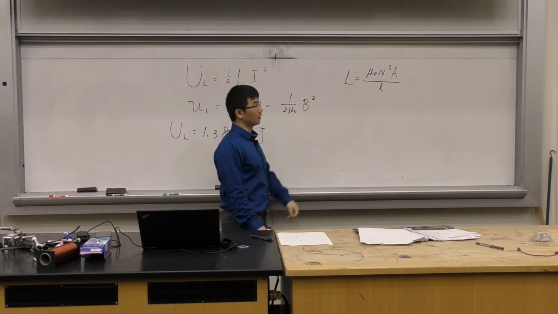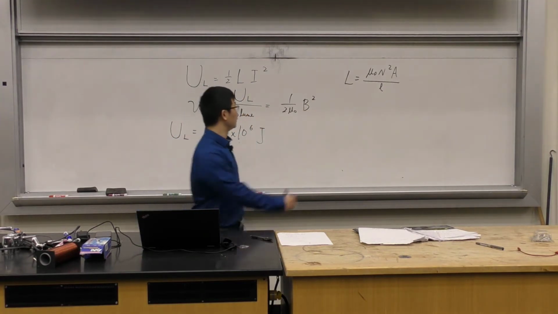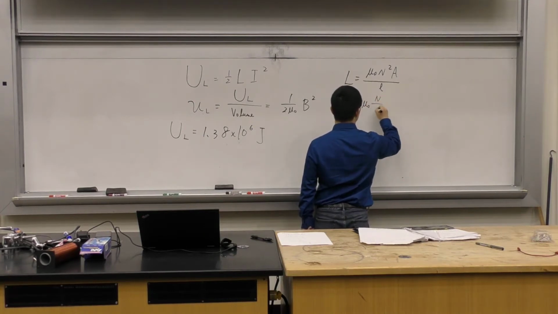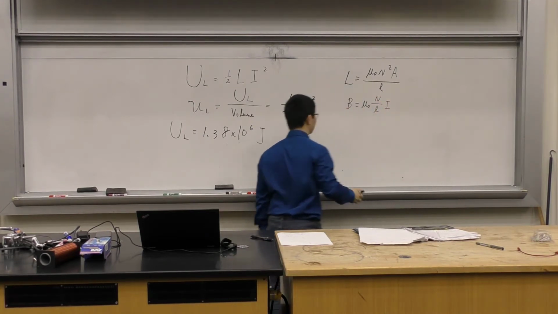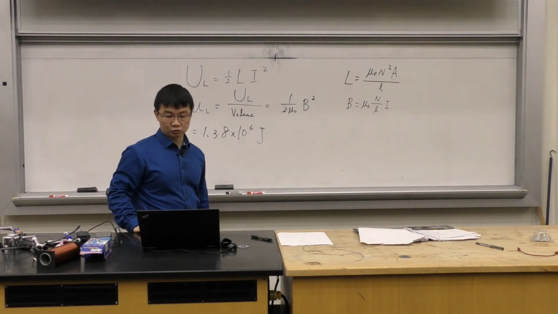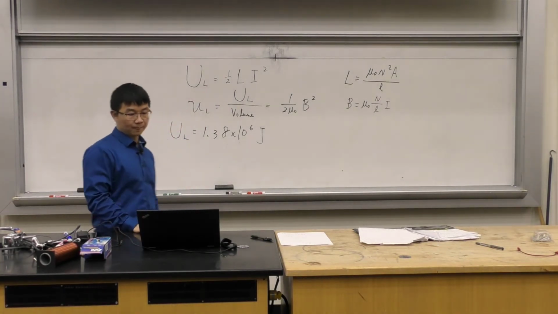You just find the magnetic field in this solenoid, which is mu naught big N divided by length times I. Either way, you can find the energy density, which should be joules per cubic meter.